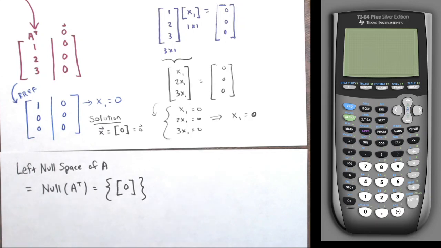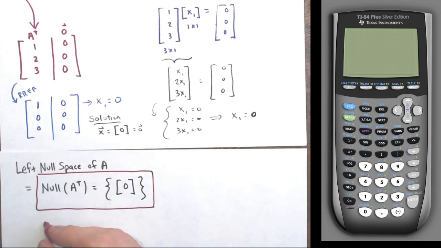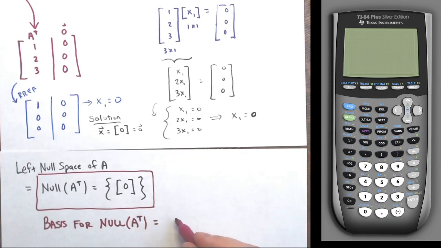So the left null space here is the set with just the 0 vector, and the basis for the null space of A transpose, the basis for this left null space of A, is the empty set.